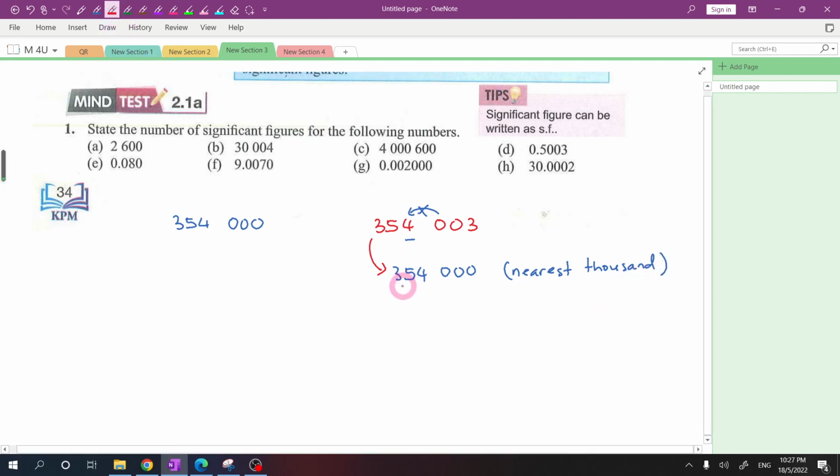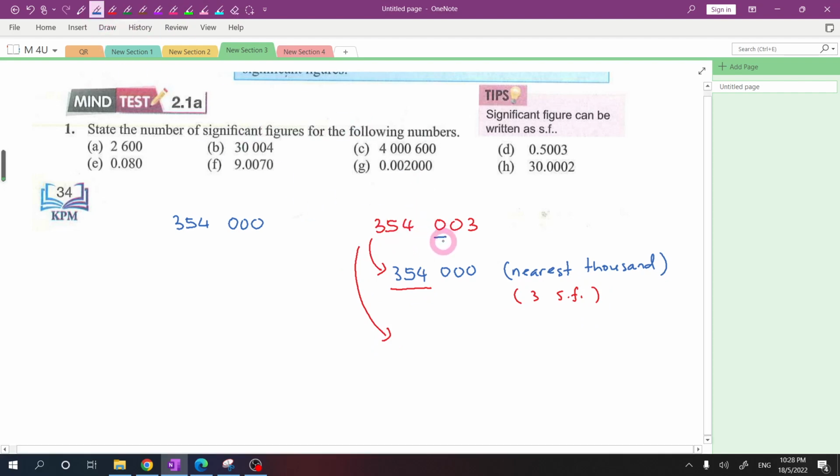Since we rounded off to the nearest thousand, this time we have 3 significant figures: 1, 2, 3.